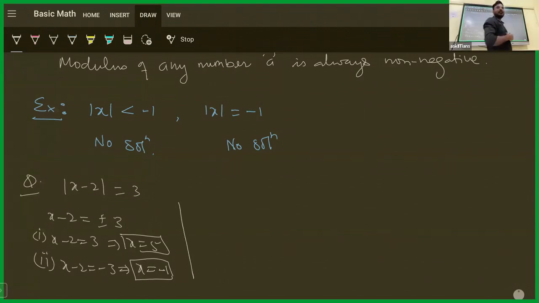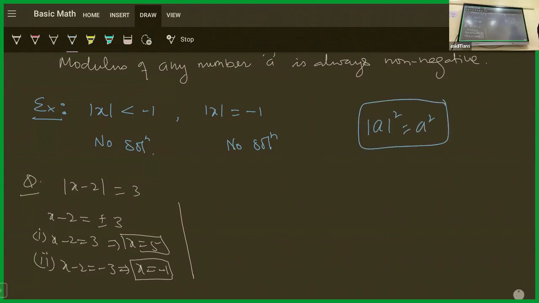Okay. Now in the last class, I told you one property, do you remember guys? I told you that the modulus of a, whole square, equals a square. Remember it? The square of the modulus of a is equal to a square, right?